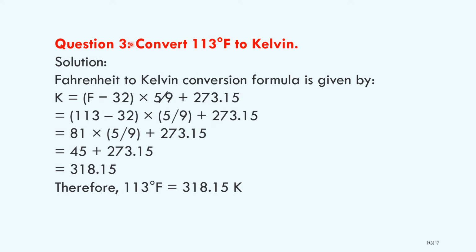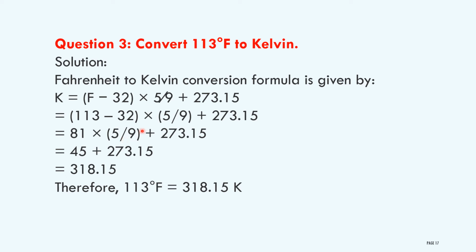Question number 3, convert 113 degrees Fahrenheit to Kelvin. Here you have to convert Fahrenheit to Kelvin. The Fahrenheit to Kelvin conversion formula is given by Kelvin equals Fahrenheit minus 32, both inside the bracket, into 5 by 9 plus 273.15. Then 113 minus 32, you will get 81, into 5 by 9 plus 273.15.